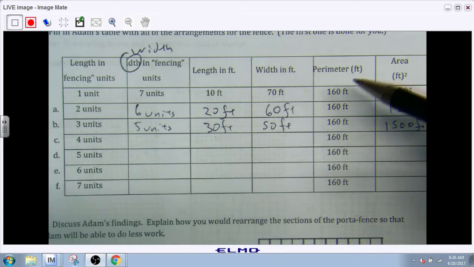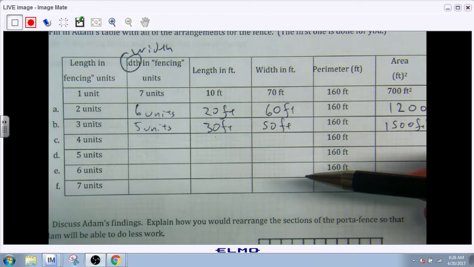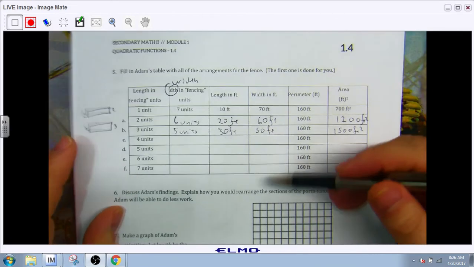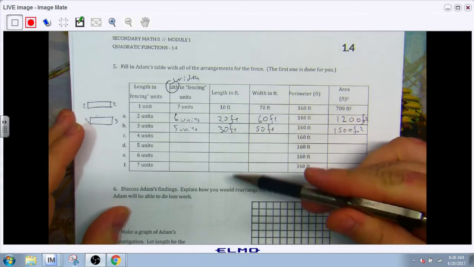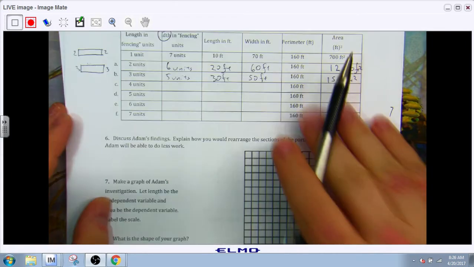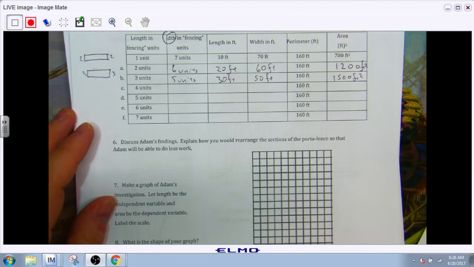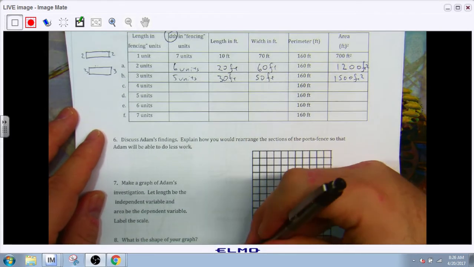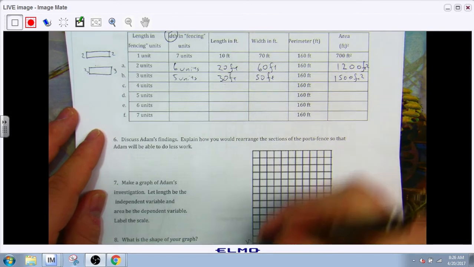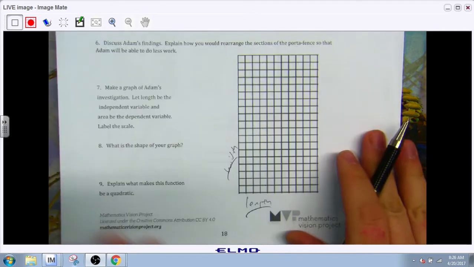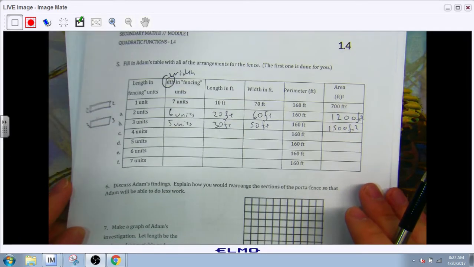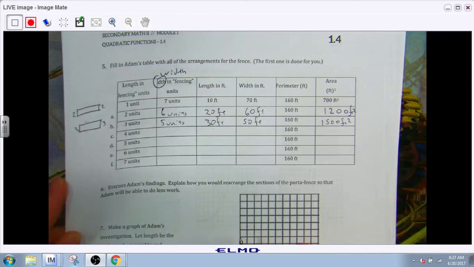And so you're going to continue to build this chart, and then it's going to ask you some follow-up questions, and we're going to start to be able to graph this. I have a feeling that this is going to be length. Let the length be the independent, yes. And this is going to be width, the dependent, okay? So right here, x will be length, y will be width. So use this information to complete those following questions.